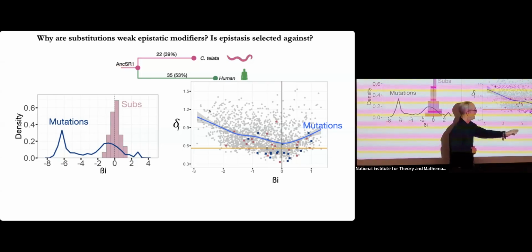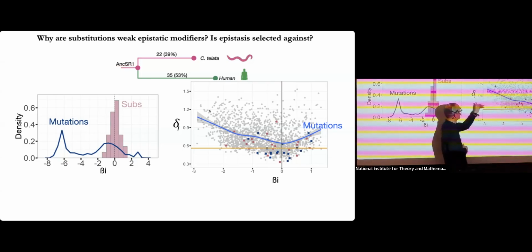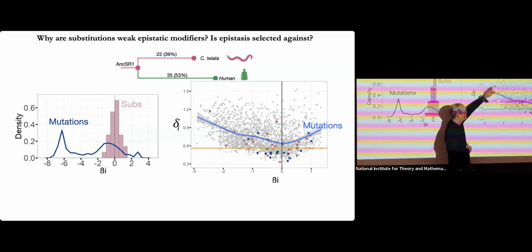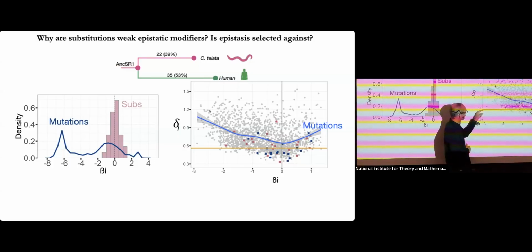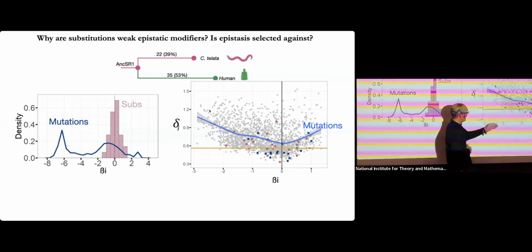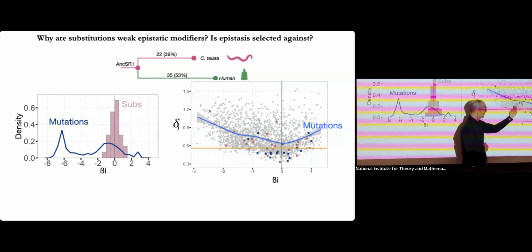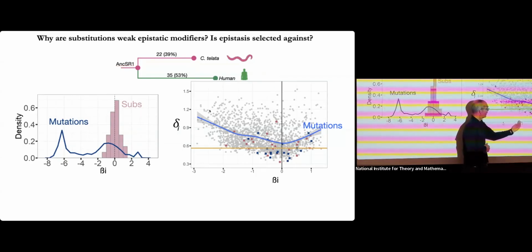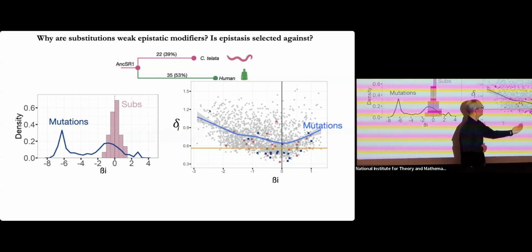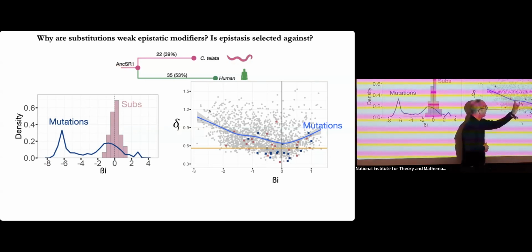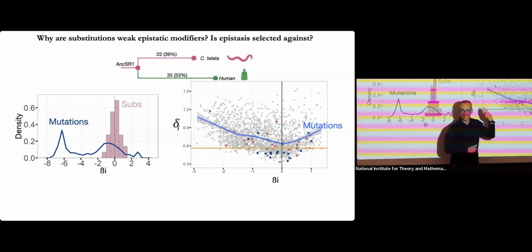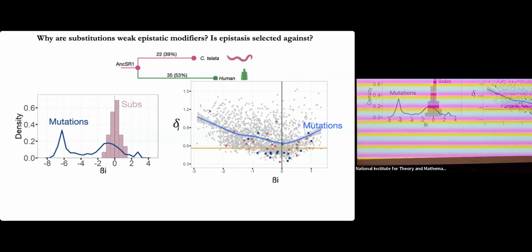And you can see that those that are deleterious have the strongest epistatic effects, both negative and positive. Whereas the substitutions, this is the median, and they're truncated. There are not deleterious ones, except for that weird one, which I don't know how to explain. And by purifying selection truncating these out, it truncates out those that are strong epistatic modifiers.